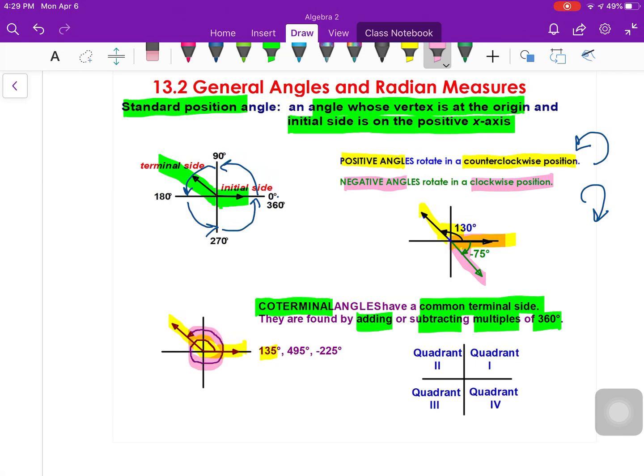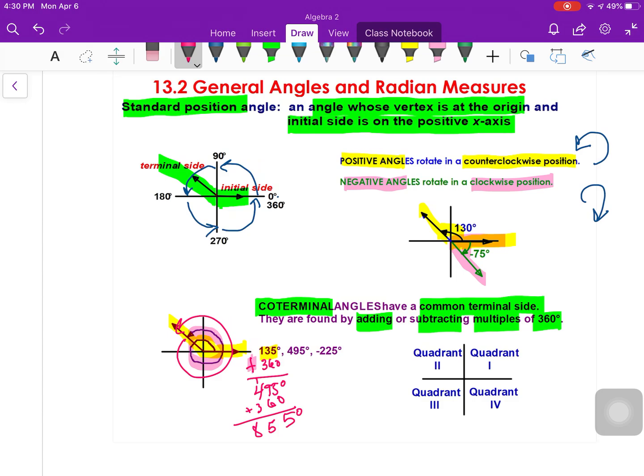To go all the way around again is another 360 degrees. So if I would add 360 to that, I get my 495 degrees. If I decided to go around again, I would add another 360 degrees. And that would give me 855 degrees.